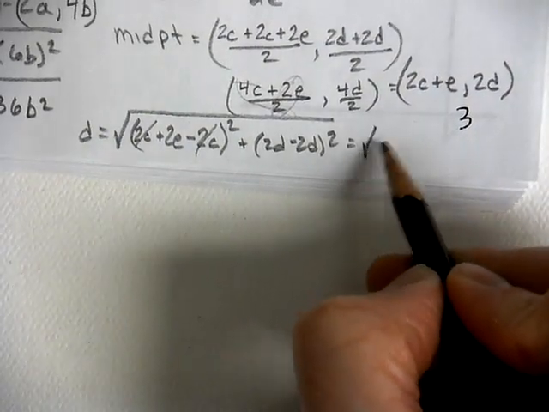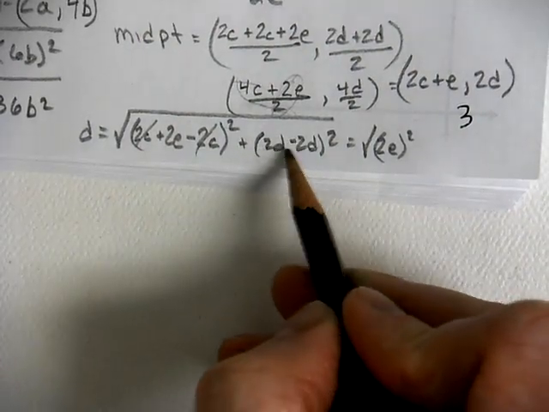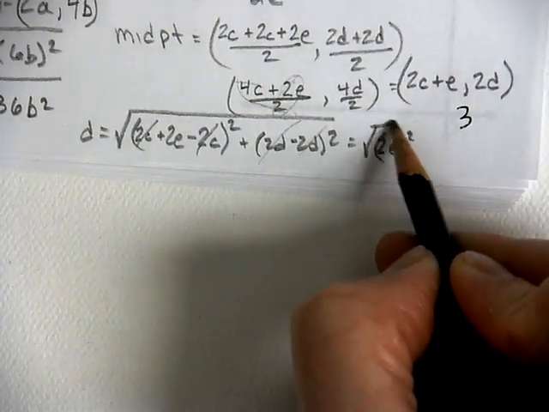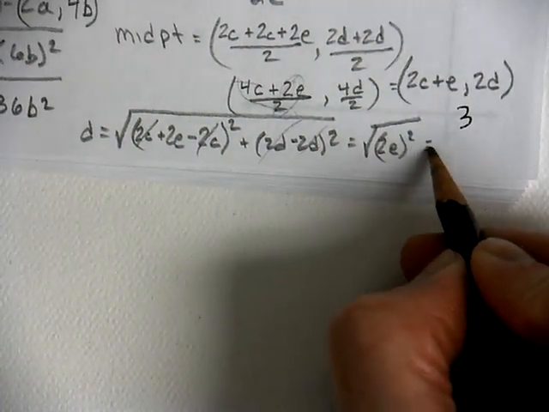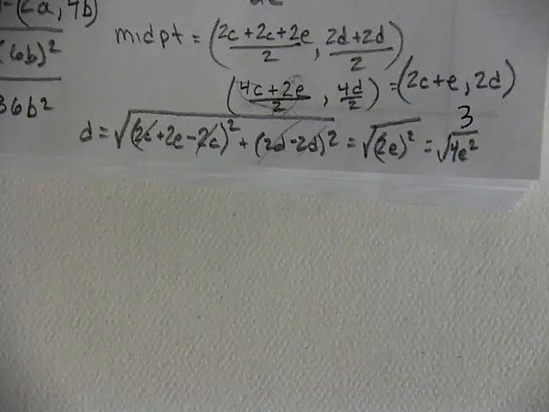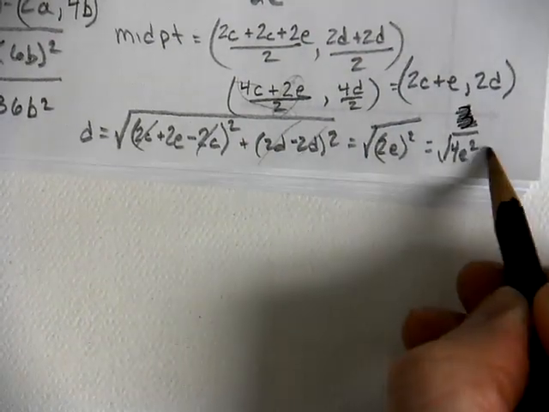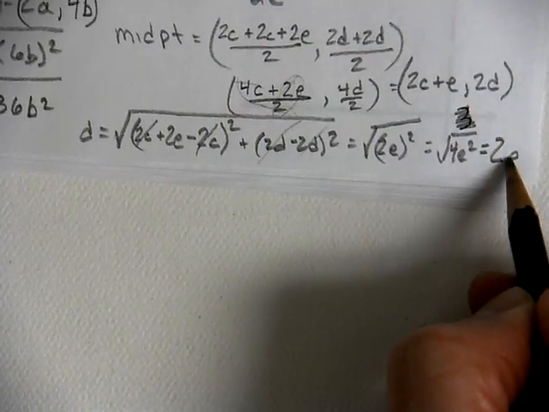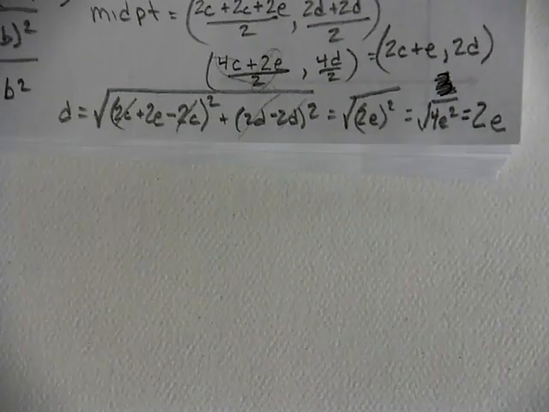So we have 2E squared. 2D minus 2D is 0. They cross out. So I'll just save us some room and not write plus 0, because that's irrelevant. So when we square it, we get 4E squared. Now that we can take the square root of. You can take the square root of 4. You can take the square root of something squared. So we've got 2E as our total distance.